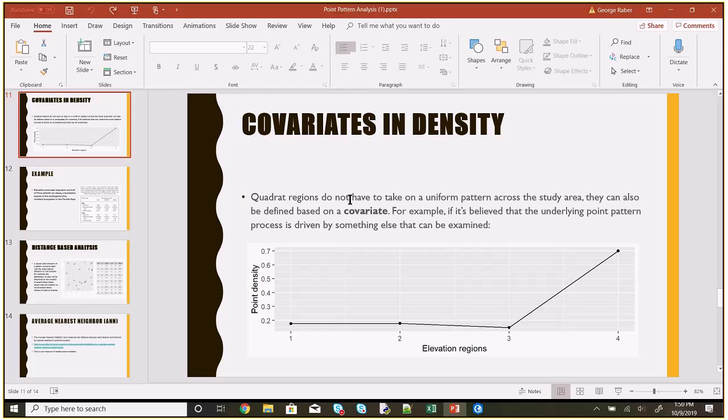We could come up with a polygon that has the different elevation regions, low, medium, high, and the very highest elevations, and then measure things like point density or the width of trees. That would be covariance in density.